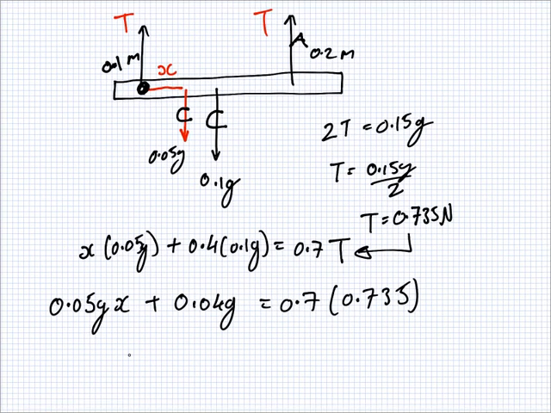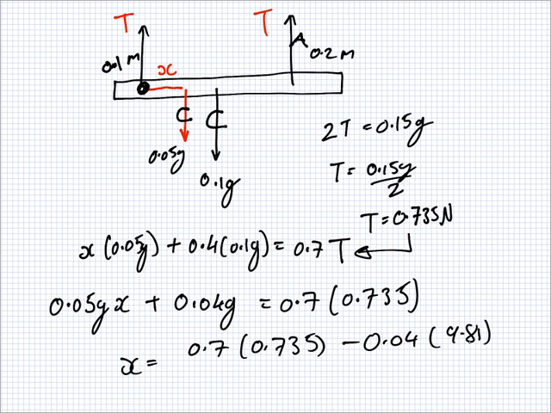So finally, my x will be 0.7 times 0.735 minus 0.04 times 9.81 over 0.05 times 9.81. Oh, but I did 0.4 times 0.1, so yeah.